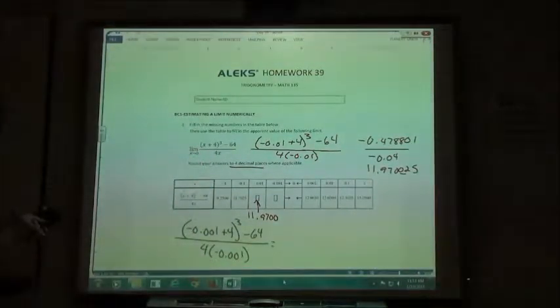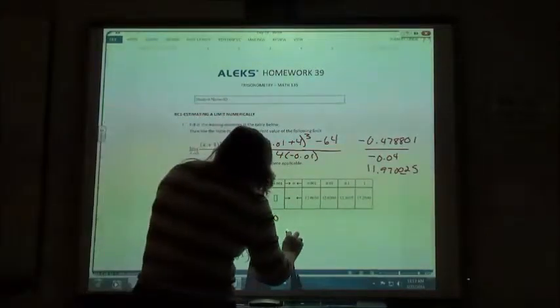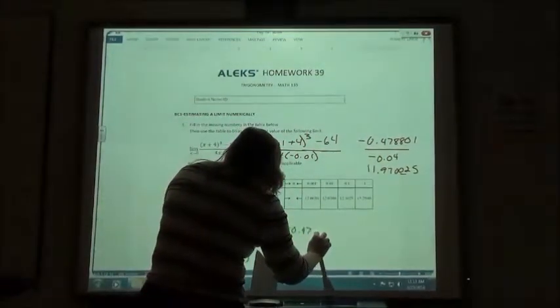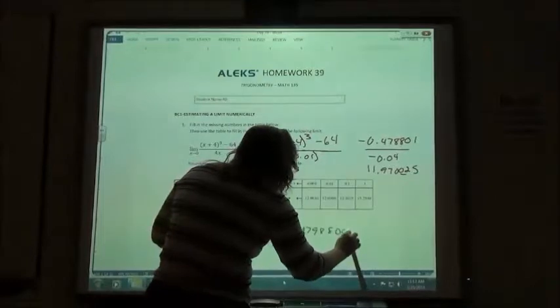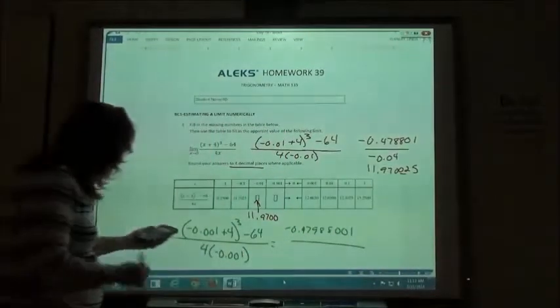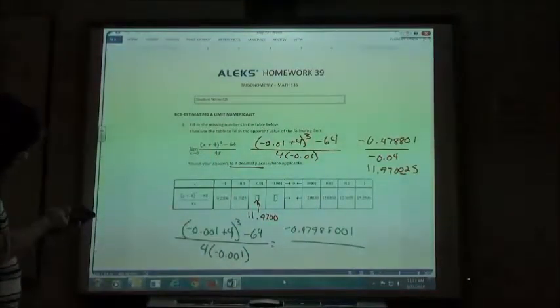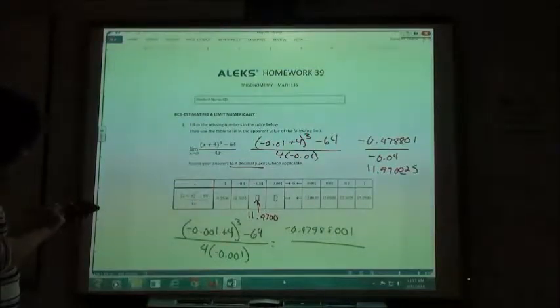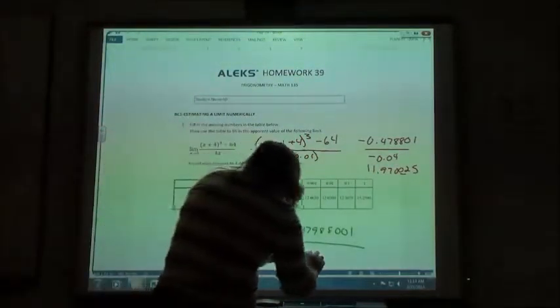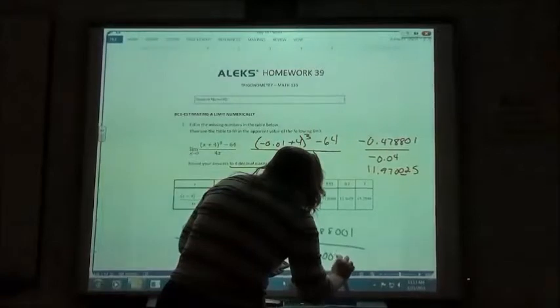So again, calculating the top, parentheses, -0.001 plus 4, close my parenthesis, to the third power, minus 64 equals. I'm getting -0.479880001. On the bottom, 4 times -0.001 gives me -0.004.